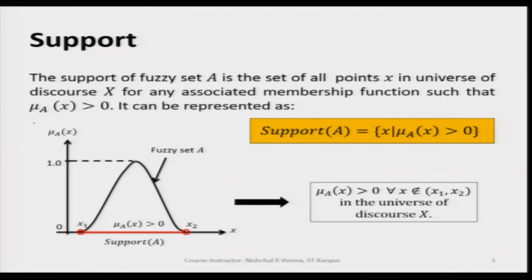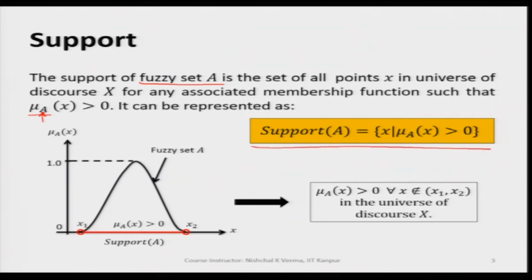Since we are talking of a fuzzy set A, we are saying mu A. This A represents the name of the fuzzy set. So, mu A of x should be greater than 0. So, support of A is written here.